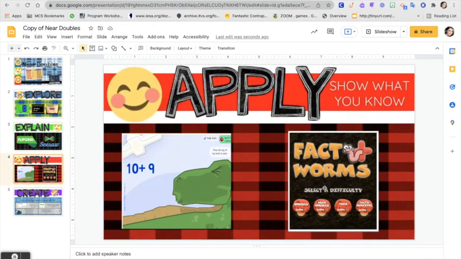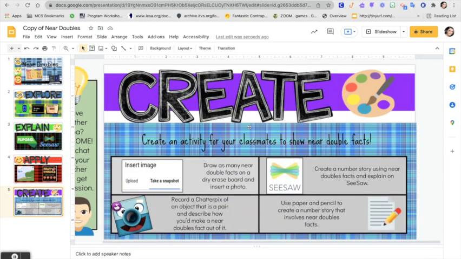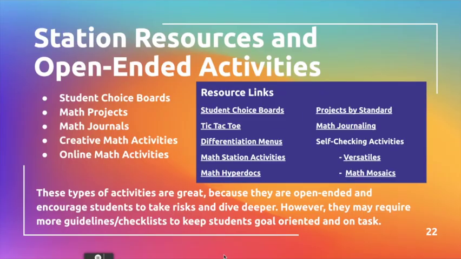Then apply. Looks like there's a couple of games here for them to play to apply their learning. And then also at the end, there's a create section where they can choose from several different options to show their mastery and share with their classmates. I know for some of our students, it's all about the level of readiness to be able to do something like that.